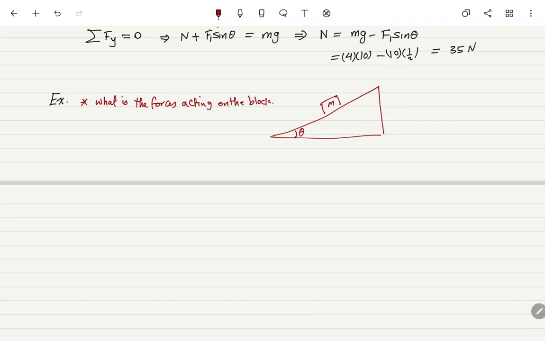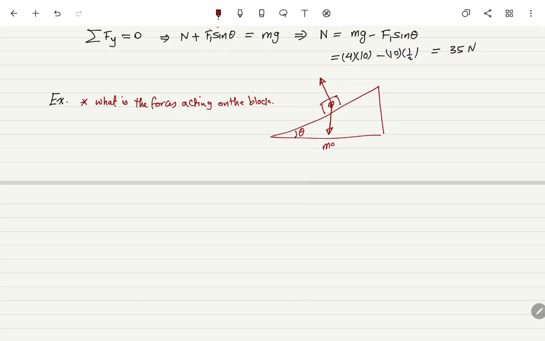So let's identify all the forces acting on this block, assuming that there is no friction whatsoever on the inclined surface. In this case, we have mg, directed down, perpendicular to the earth, and there is a normal force, normal to the surface, this one here.